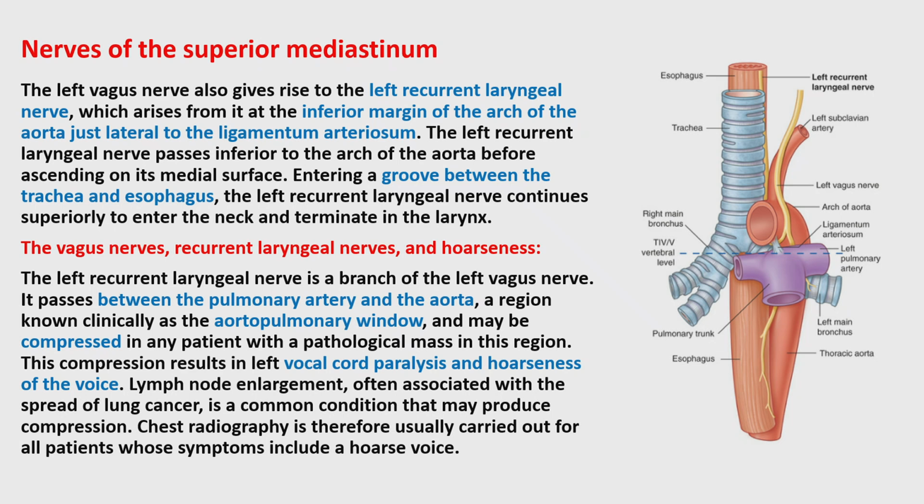Around the subclavian it goes upward, again between the trachea and esophagus. So the left recurrent laryngeal has a longer course. It goes into the superior mediastinum and around the arch of the aorta.